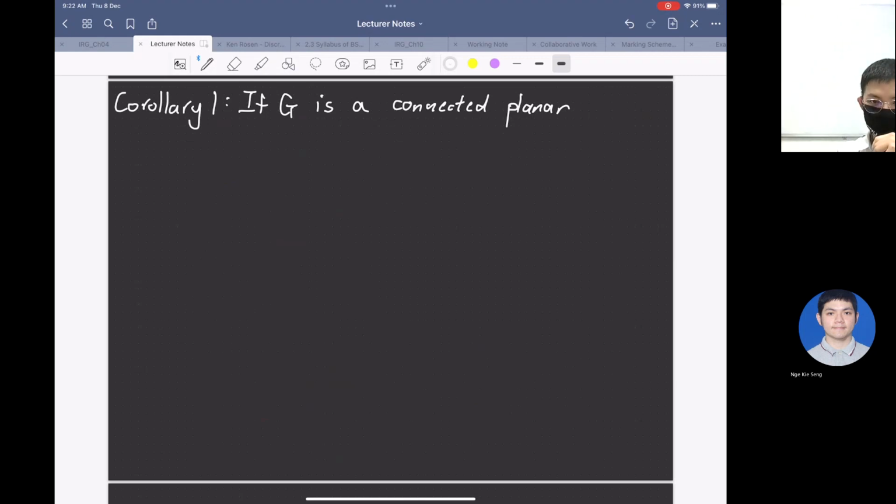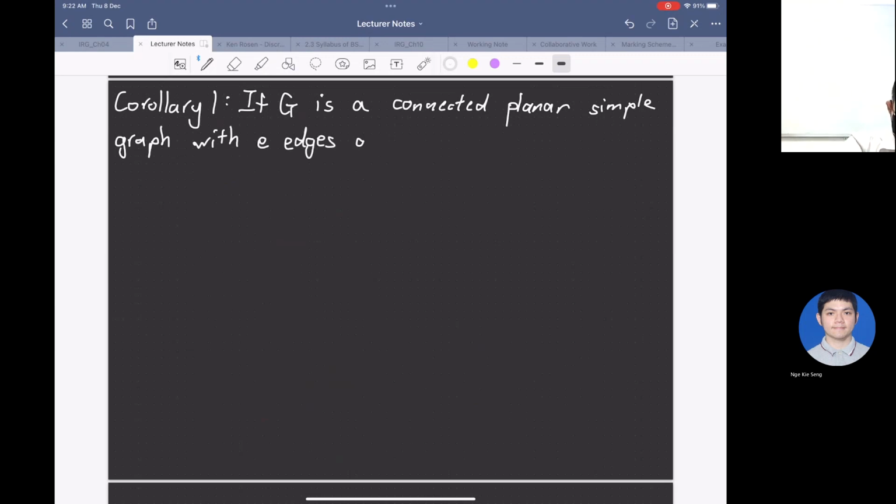If G is a connected planar simple graph with E edges and V vertices where E is greater than 3, the following formula holds: E is less than or equal to 3V minus 6.